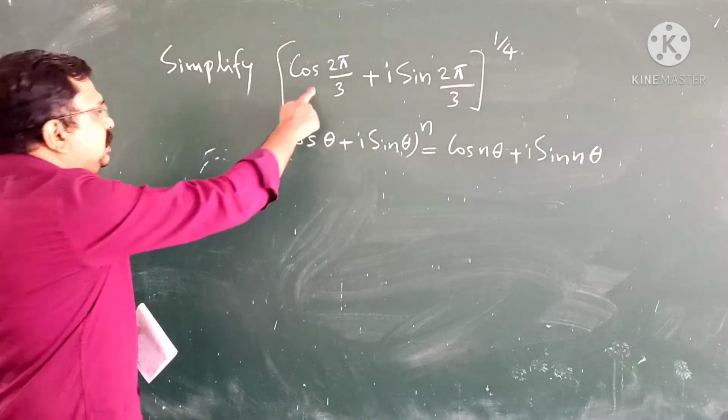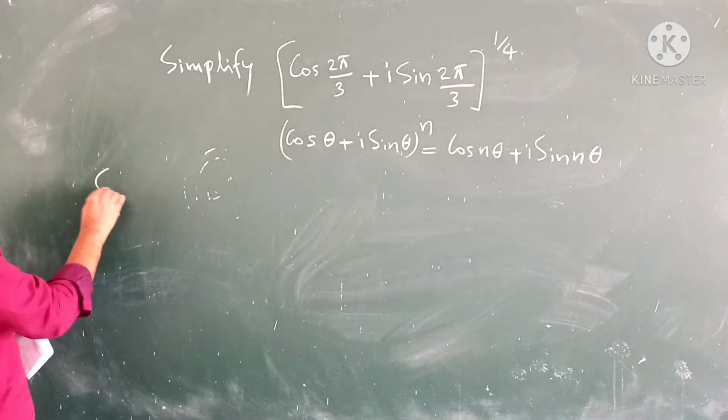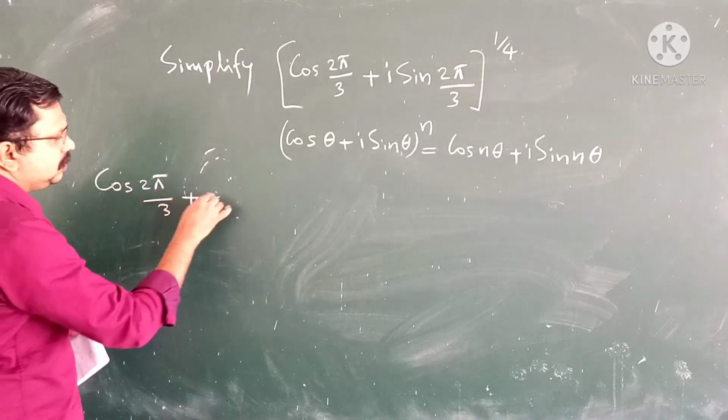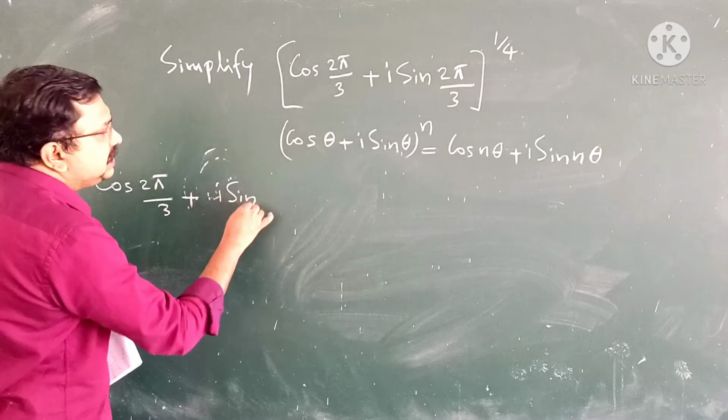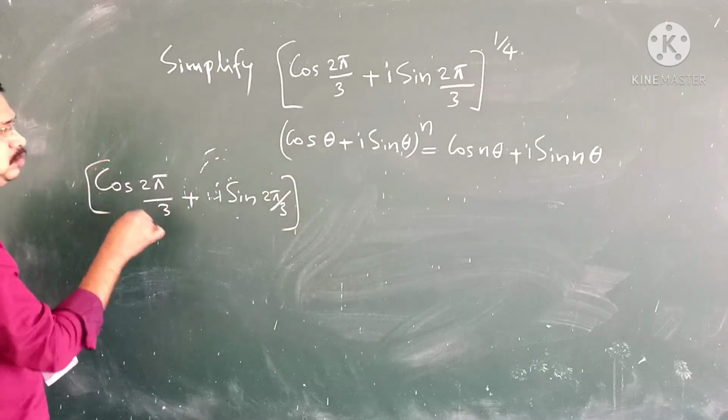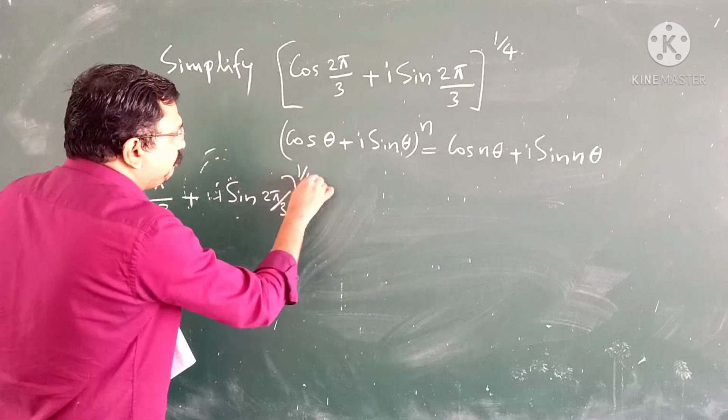Here our question is (cos 2 pi by 3 plus i sin 2 pi by 3) the whole raised to 1 by 4.